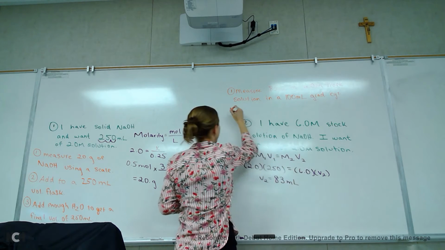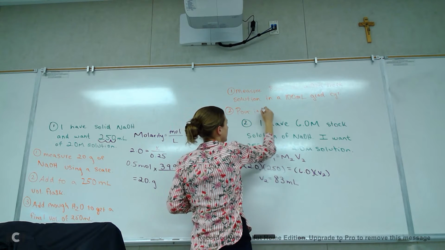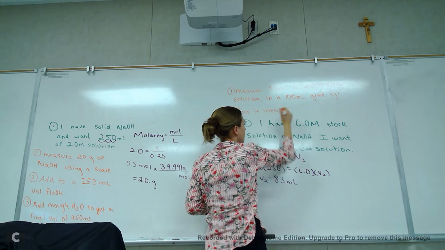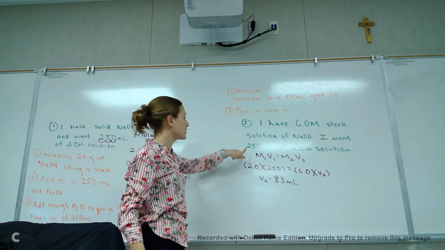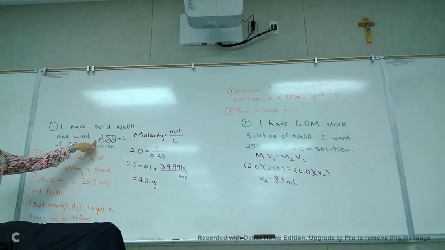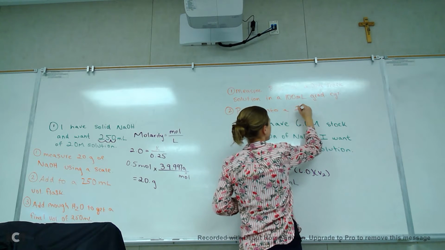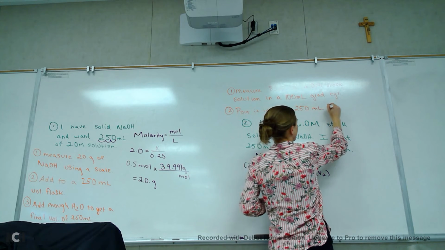Then you're going to add that, or pour it, into, well, let's figure it out. I want my final volume to be 250 milliliters, just like this one. So what tool am I going to use now? The 250 volumetric flask. Pour into a 250 mil volumetric flask.